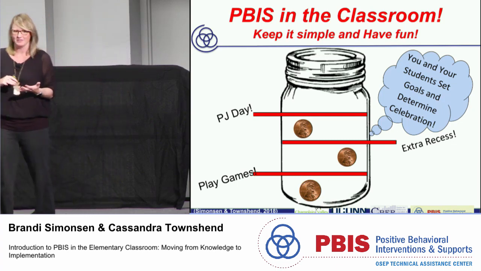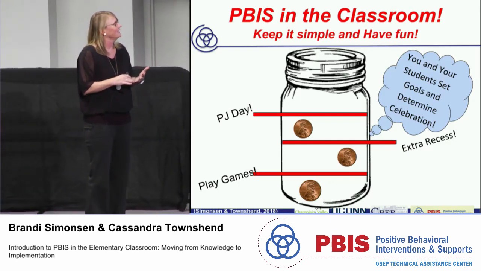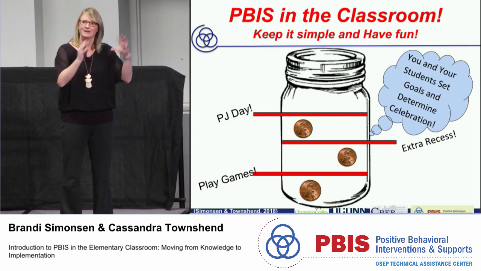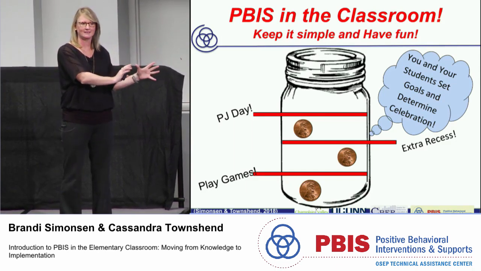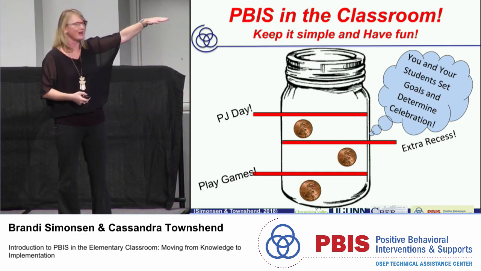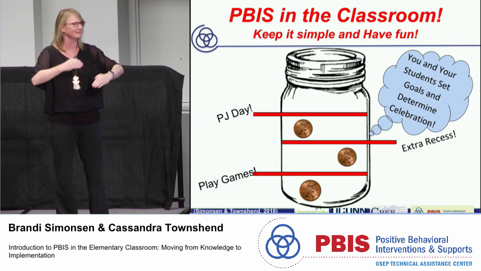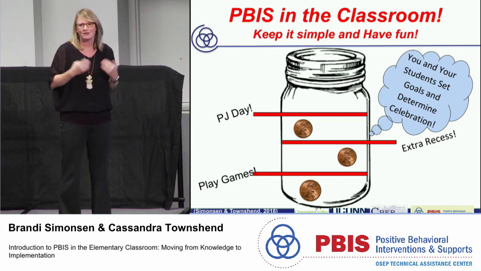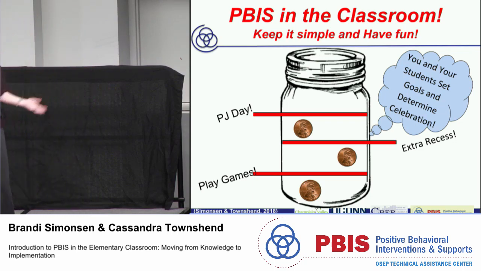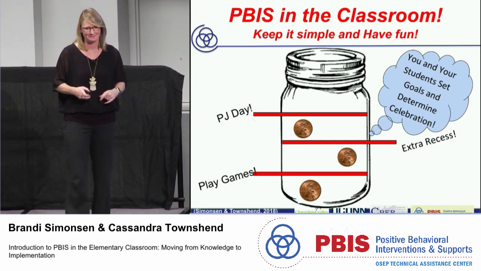We value student voice and student choice, so we made sure that teachers had the mason jar, but it was up to the individual class and the students to come up with the benchmark, the line at which we're going to have a celebration. Every classroom was different. They had different red lines, and they also had an opportunity to decide authentically as a community, building relationships, what our celebration is going to look like.